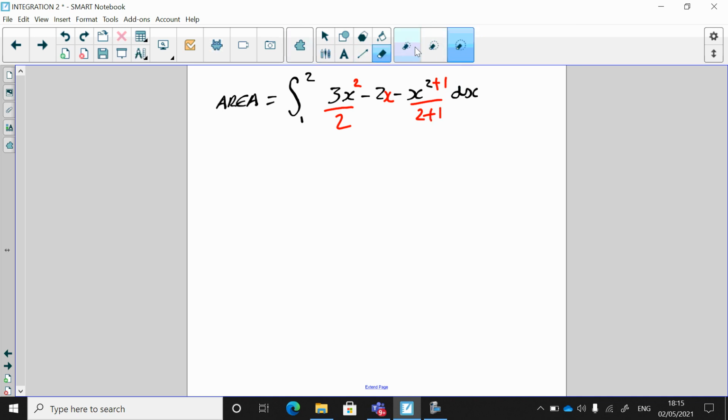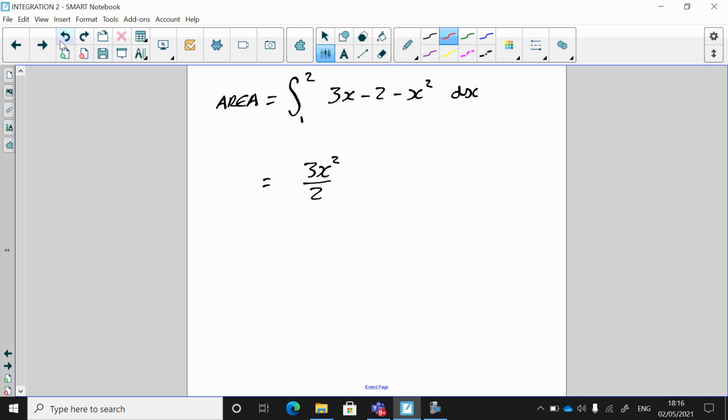So that's quite nice. 2 add 1 is 3, and divide by 3. Okay, so we should have that there once we integrate. Yep, that looks fine.